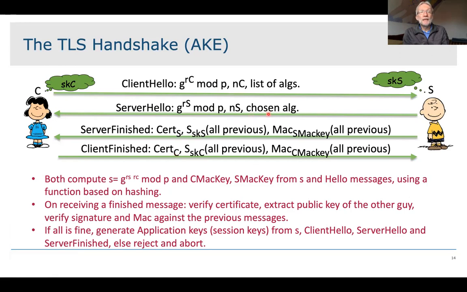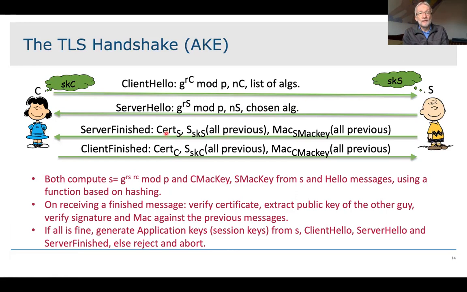And the server replies with server hello, its Diffie-Hellman message, its nonce, and the algorithm it chooses among those that the client was offering. You had then the server finished message where the server confirms that this is really me.